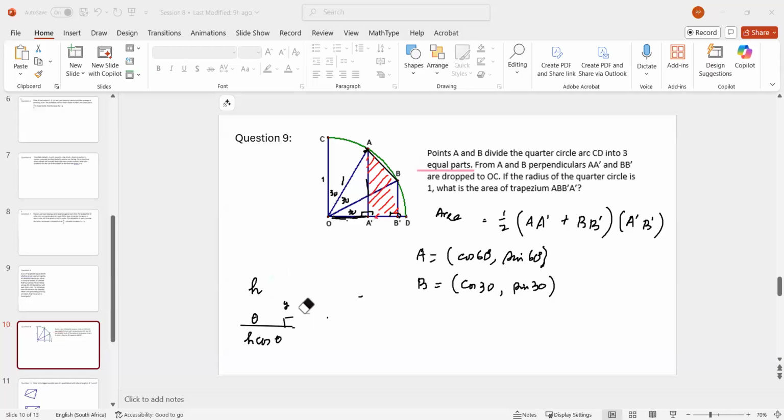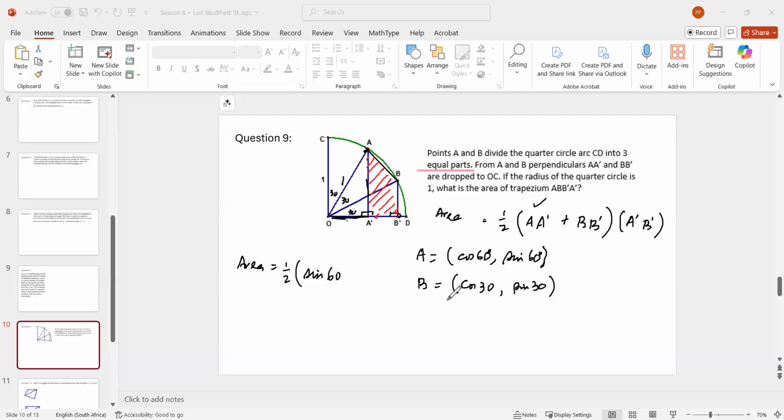So now we can actually calculate these sides which we had here in the area formula, right? Because the area is a half. Now, AA prime is the y coordinate of A, and the y coordinate of A is sine 60.